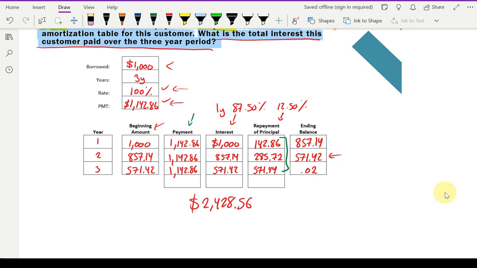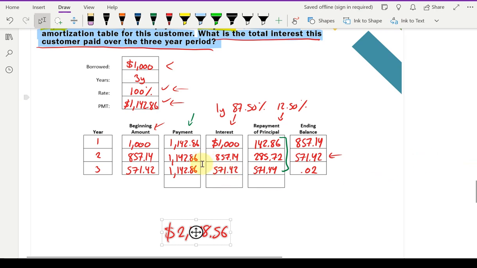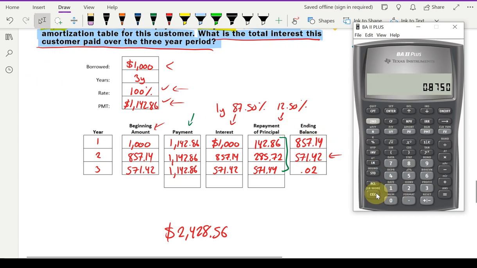Now, if I asked you to do the same calculation in the last year, then that would change, right? 571.42 of the payment. Let's just do that really quick. 571.42 divided by 1142.86.